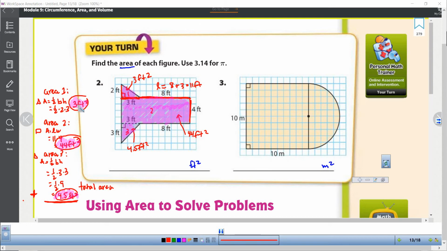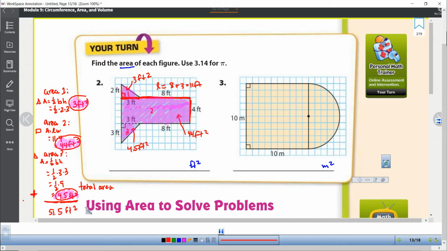All right, and 3 plus 44 is 47, and 47 plus 4 is 51.5. By the way, you can add in any order you want to. 3 plus 4.5 would have been 7.5. 7.5 plus 44 would have been 51.5, not 51.1.